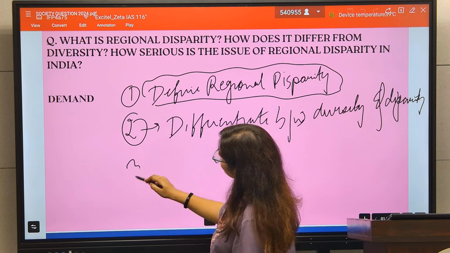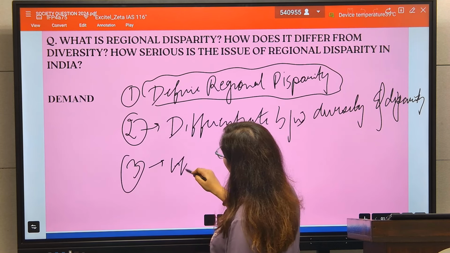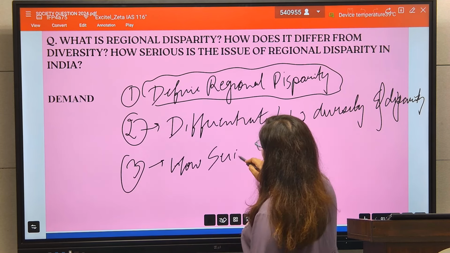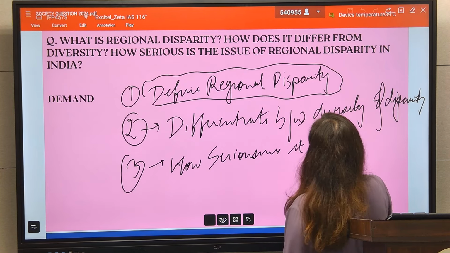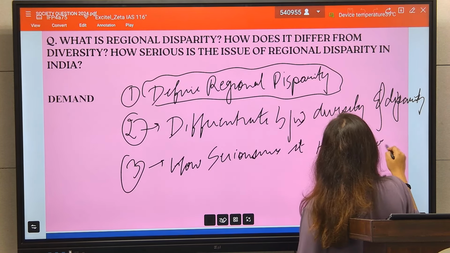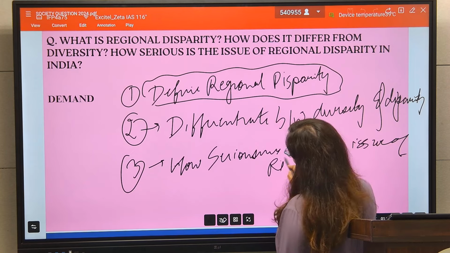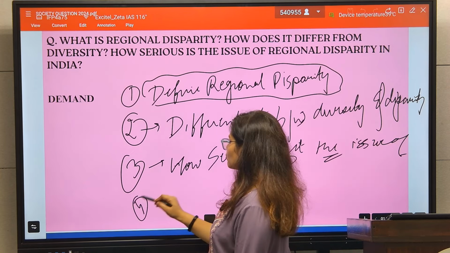And third, you have to show how serious is the issue of regional disparity, and then conclusion.